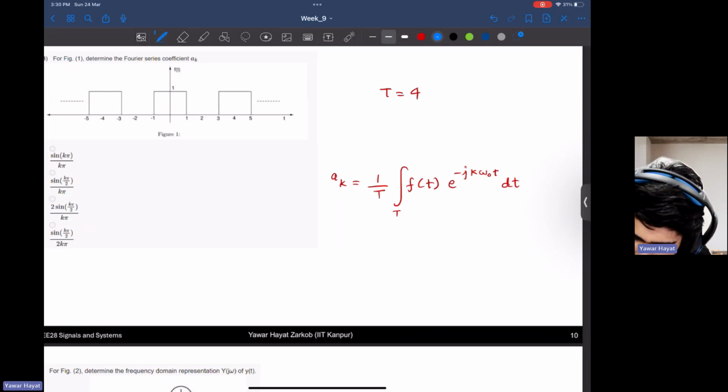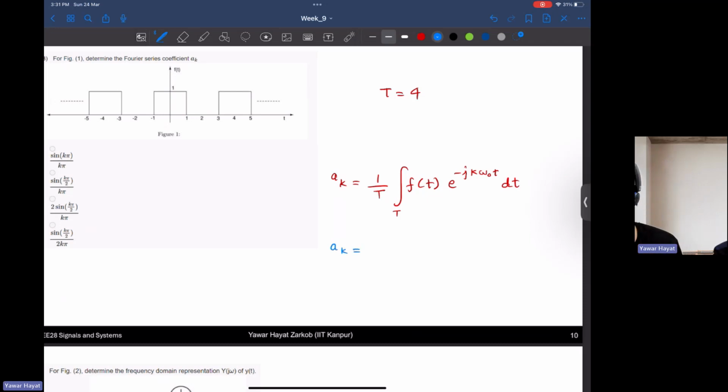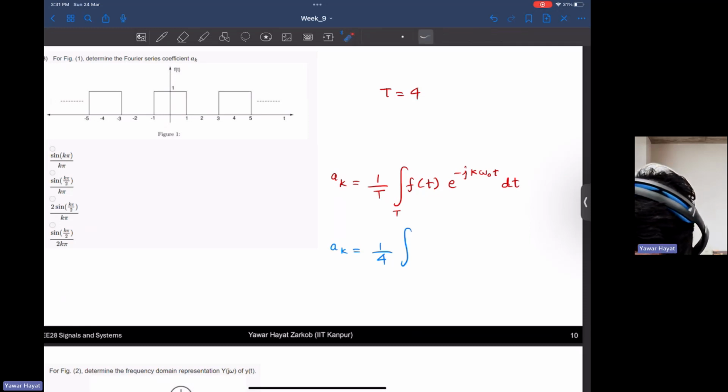So what would our AK be equal to? This T is 4, right? So this would be 1 over 4. Let me take the interval to be minus T by 2 to T by 2.